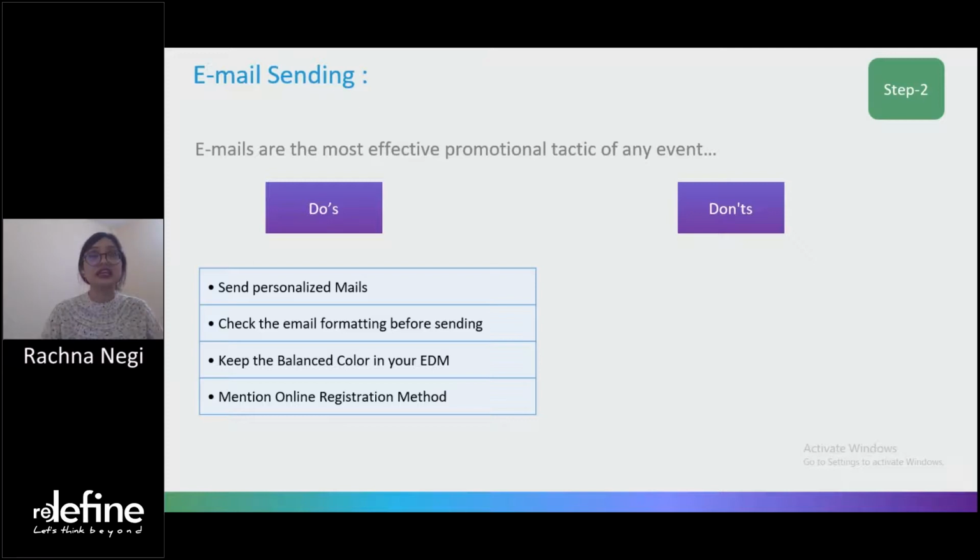Whenever you're sending an email to the customer, it's a very professional email, so use colors which are very balanced, so that it looks like a personal email, but not a birthday or party invitation. You have to make the difference between a party invitation and the official invite which you're sending to the customer. So keep the balance on colors.